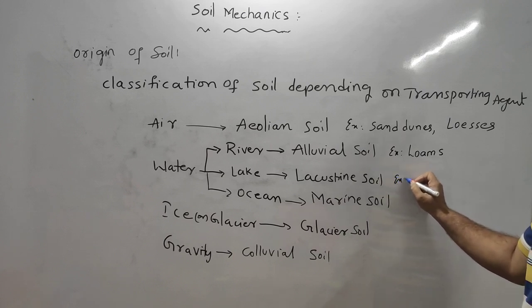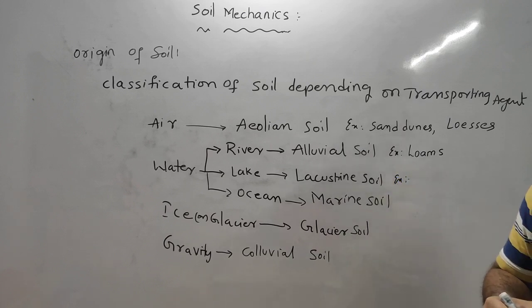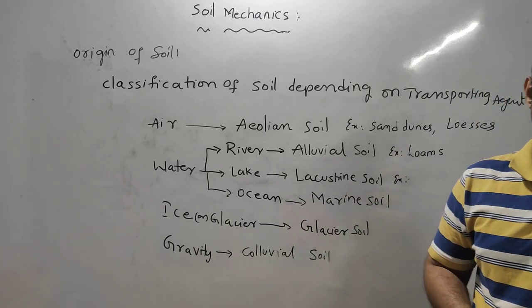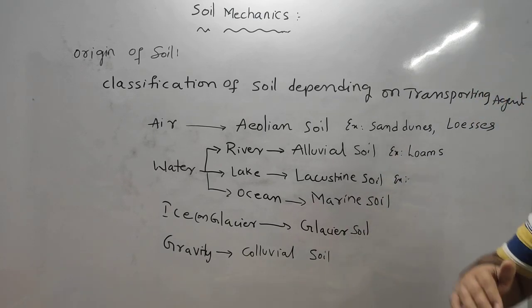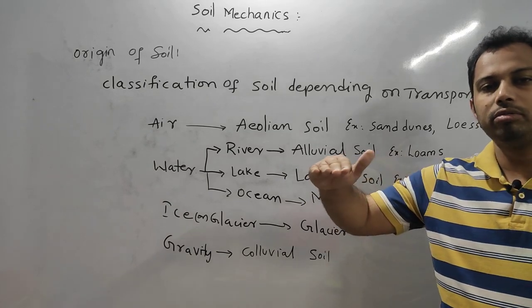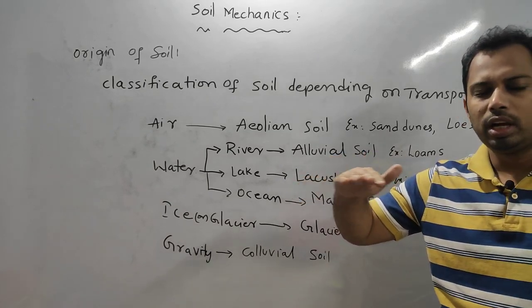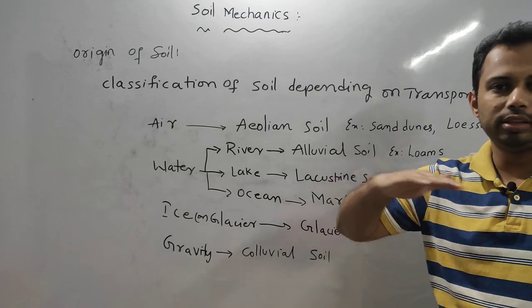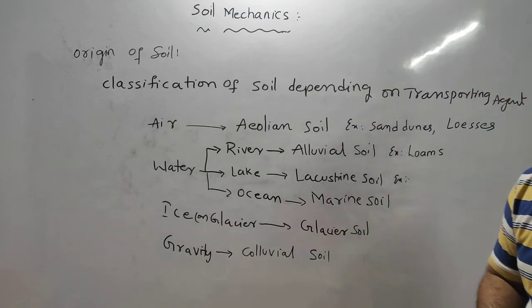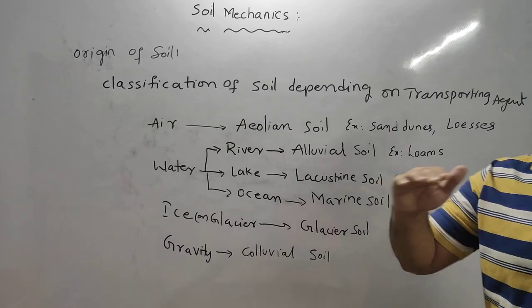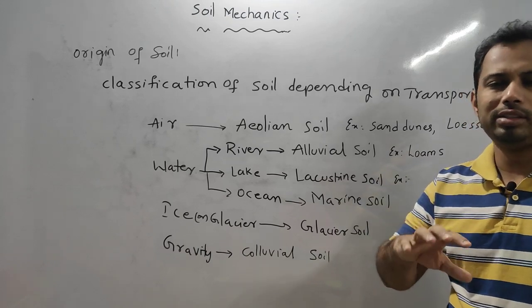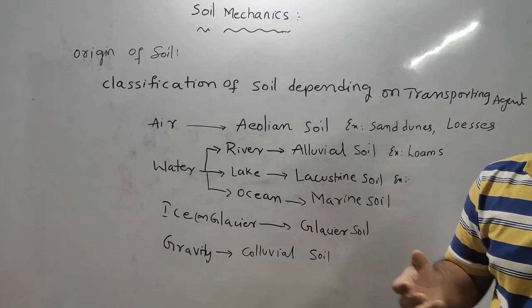In lacustrine soil, you will also observe black and brown, but in a formative way. In lacustrine soil, you will find alternating layers of silt and sand, because a lake is stagnant water, whereas a river is moving water.